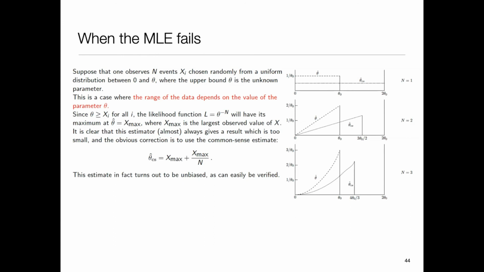Those are typical cases where the parameter being estimated, so m, which in this case is theta, I'm sorry for the change of notation, is basically determining the range of the data. So if the range of the data depends on the value of the parameter you're trying to estimate, this is one textbook case where the maximum likelihood estimator will fail, and you shouldn't use it. You should use something else.